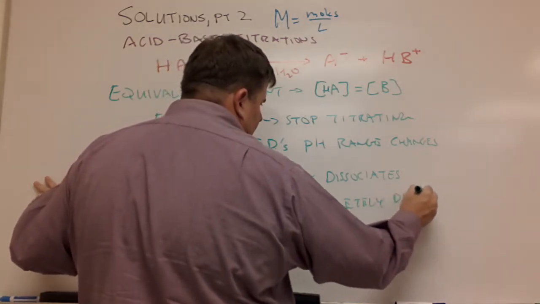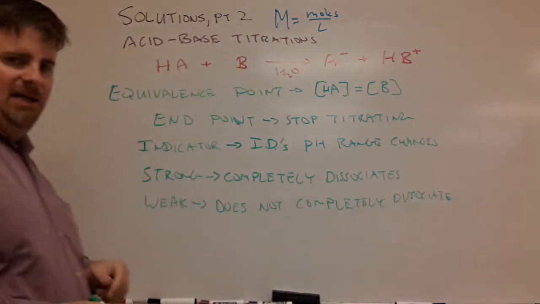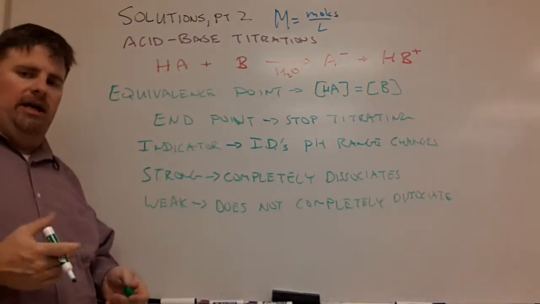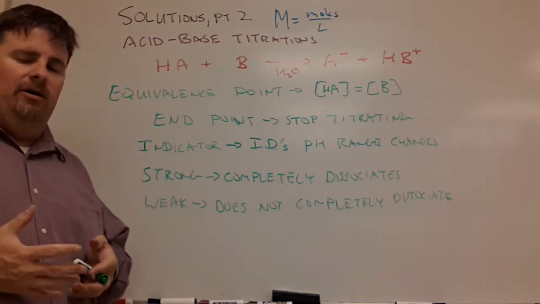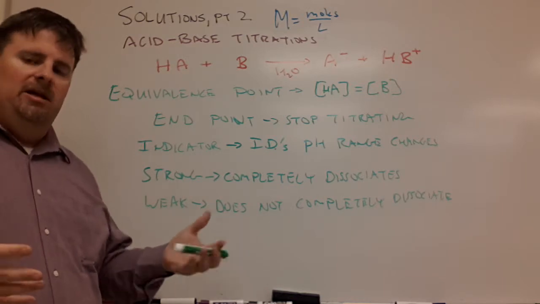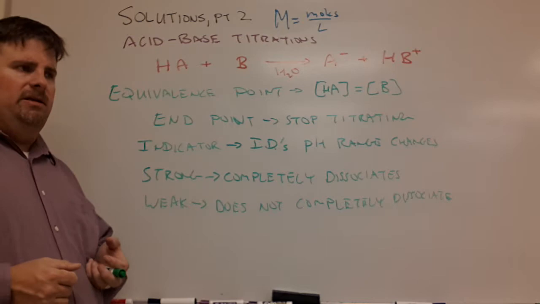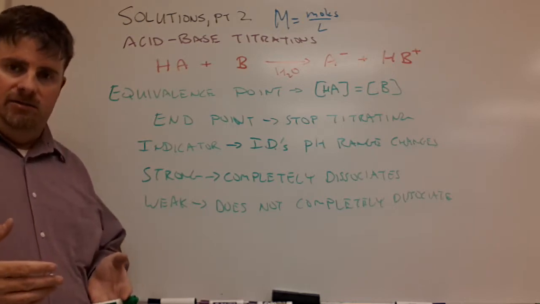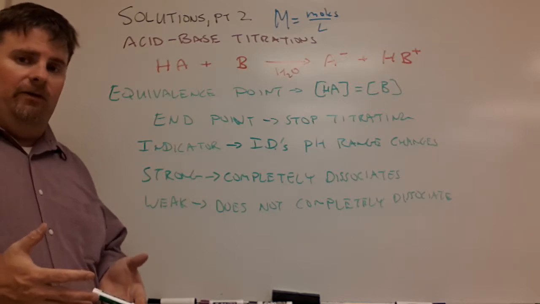To give you an example of these two types of systems, strong acids like hydrochloric acid dissolve completely when they hit water. That means all HCl is going into H3O plus and Cl minus. That's why those acids are very strong. Same with sulfuric acid, nitric acid, or hydroiodic acid. All of those are very powerful acids.